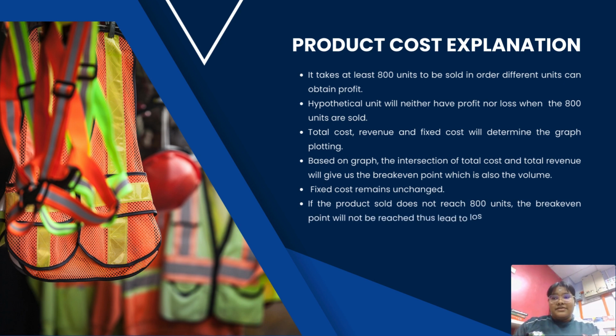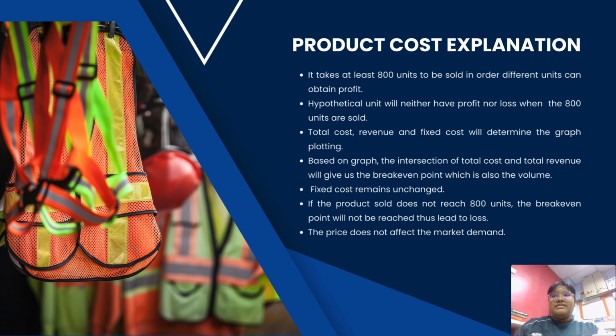We selected scenario 2, so we know that price is independent of demand. From the calculation for the optimal demand value and the graph, we find that 800 is the volume, which is also the demand. The hypothetical value will have neither profit nor loss when 800 units are sold.